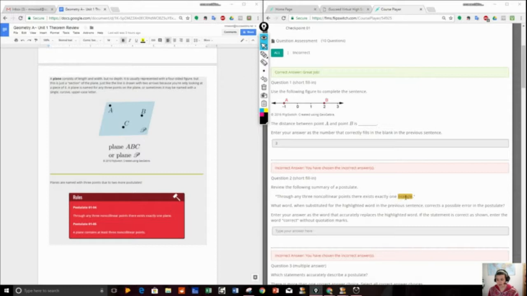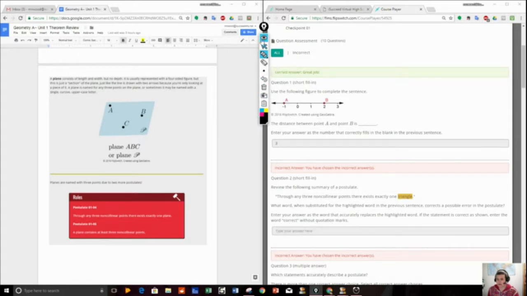Well, it would not be triangle, so you would type in the word plane, P-L-A-N-E, and save that. So that is how you would answer question 2.